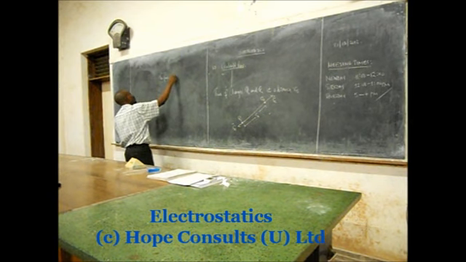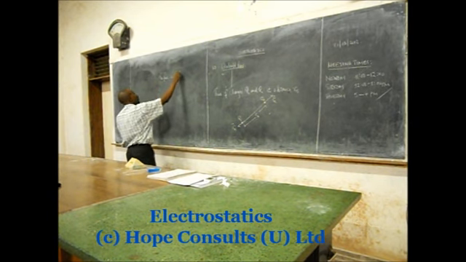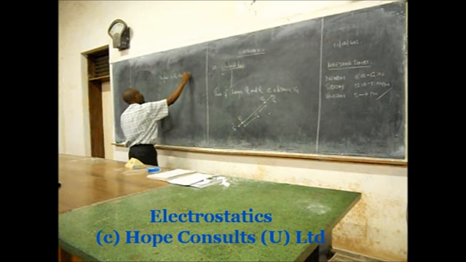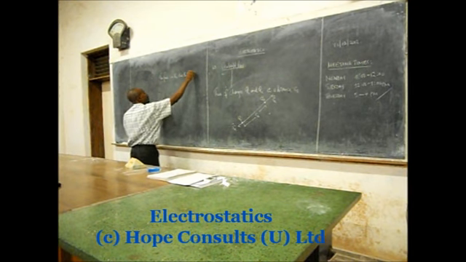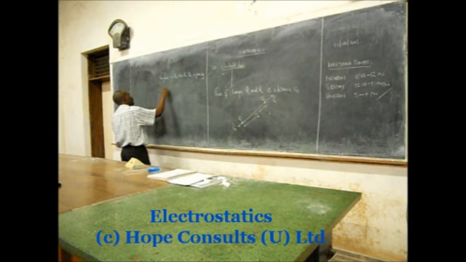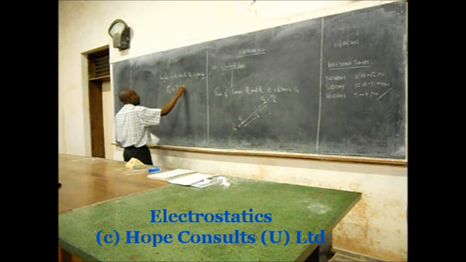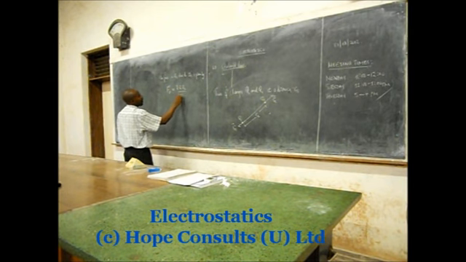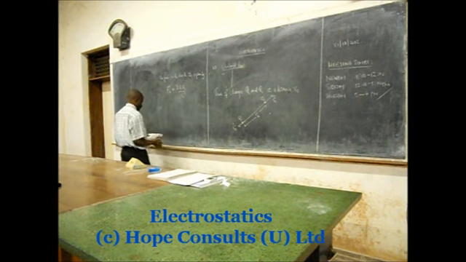So the force on Q2 due to Q1 is given by F21 equals KQ1Q2 over R12 squared.